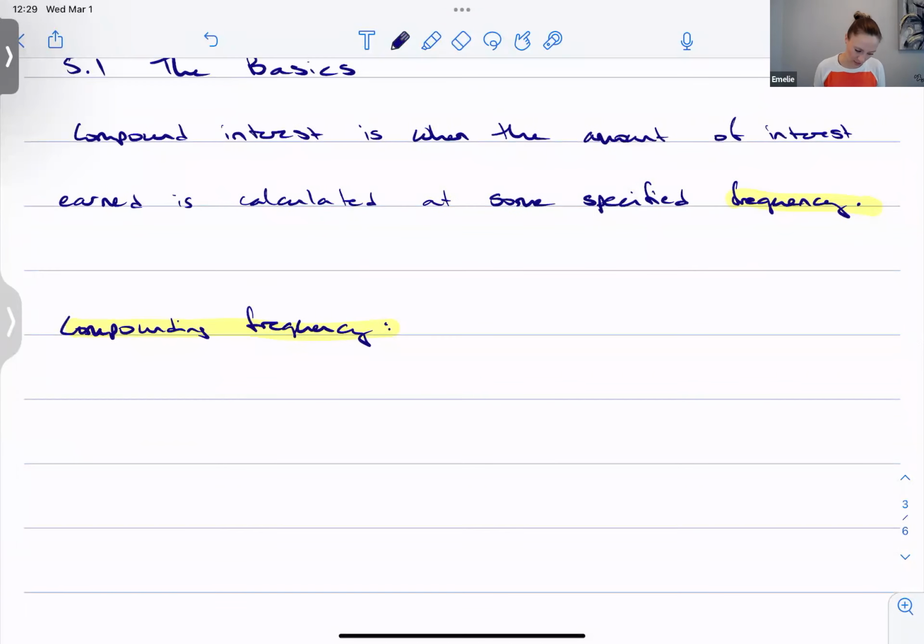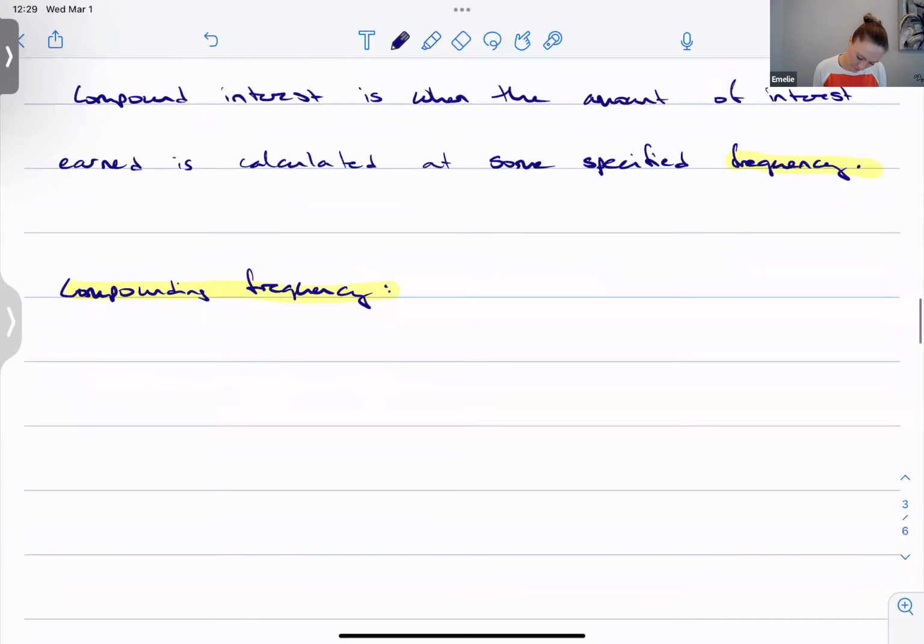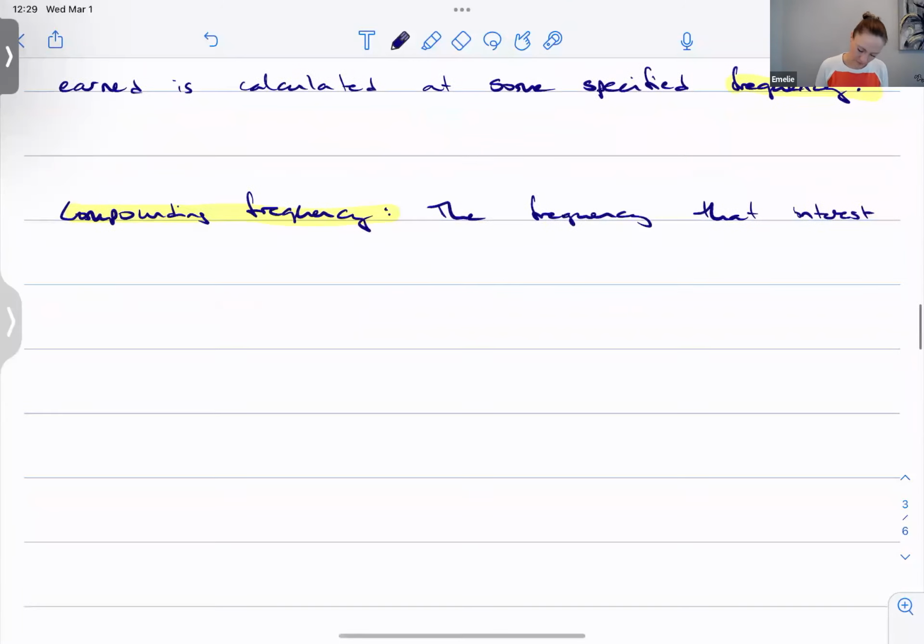It is the frequency that interest is compounded, the number of times per year.